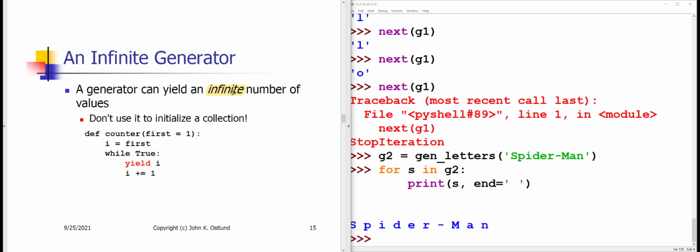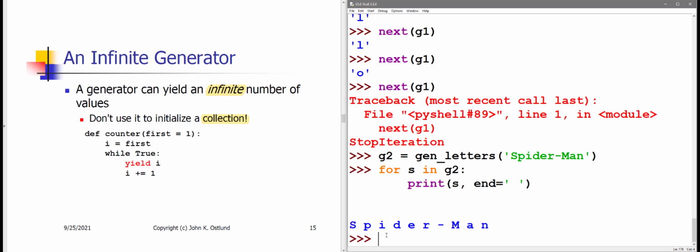You just have to be careful not to use an infinite generator to try to create a collection. So if you have an infinite generator and you say M gets list of infinite gen, well, that will run until your system runs out of memory and crashes. So don't do that.